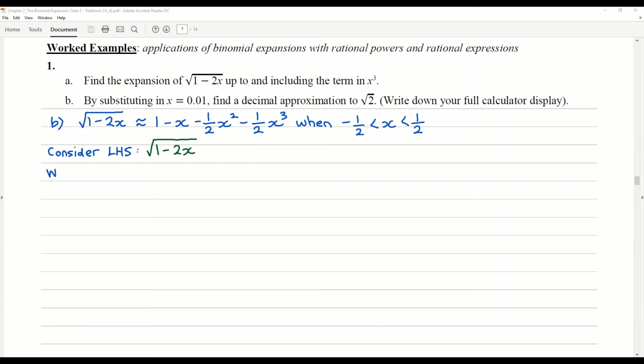So when x equals 0.01, square root of 1 subtract 2 multiplied by 0.01 is going to equal, now let's just have a look at this. So it's going to equal the square root of 1 subtract 0.02.